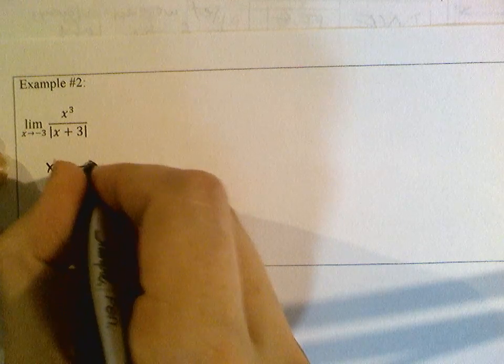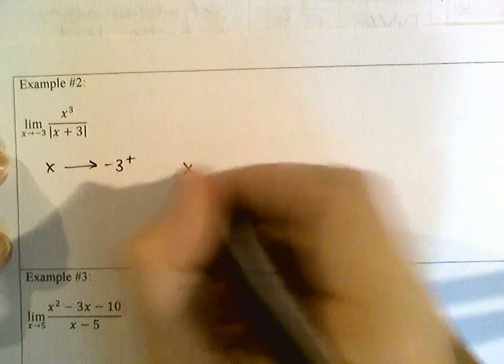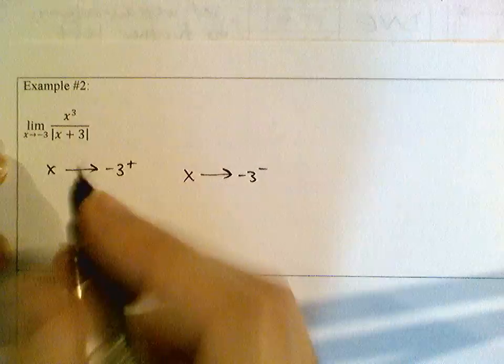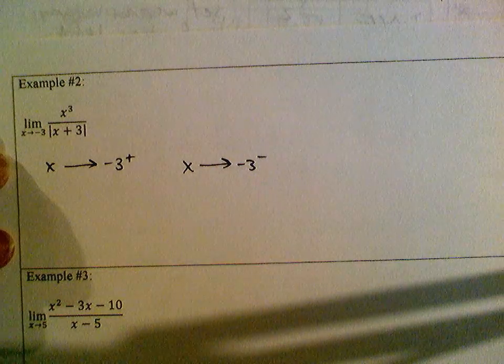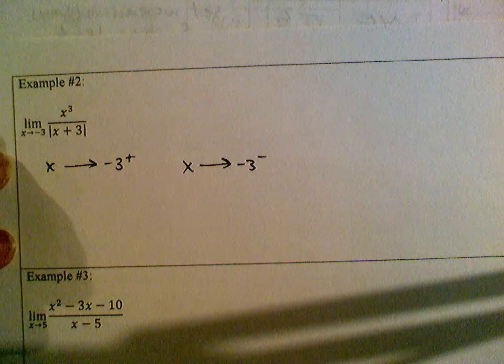Alrighty. So this time I'm doing the limit as x approaches negative 3. So from the left and right, x approaches negative 3. I'll do from the right first. And then x is approaching negative 3 from the left. I'm going to write some numbers underneath negative 3 that are very close to it from the right and left.